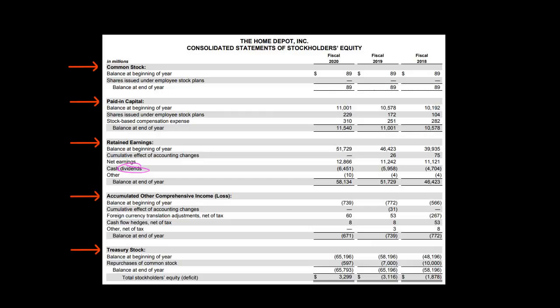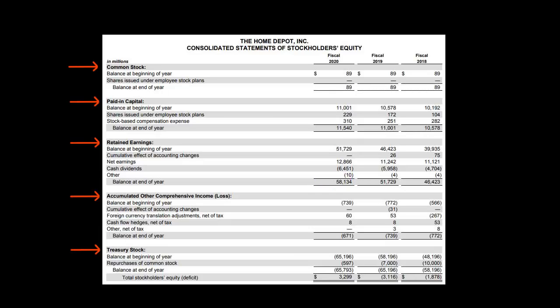Now we had some dividends, which are going to be subtracted. And then we have this item, other, which looks like just a $10 million reduction in retained earnings. If you were curious what that was, I would go to the notes. Maybe they have a disclosure about it. So we've got our beginning balance of retained earnings plus the net income minus the dividends and minus this $10 million other, and that gets us to our ending balance of retained earnings, $58.134 billion.